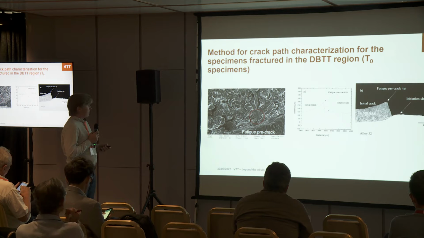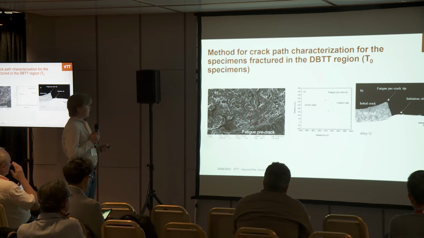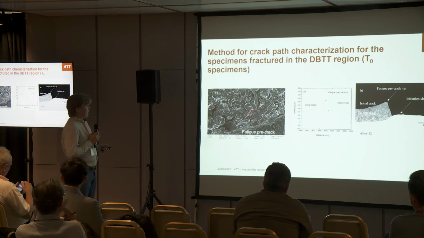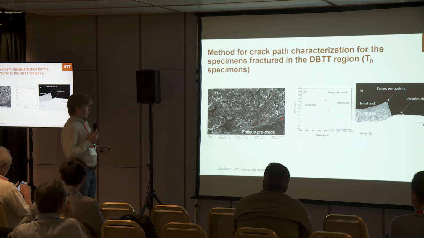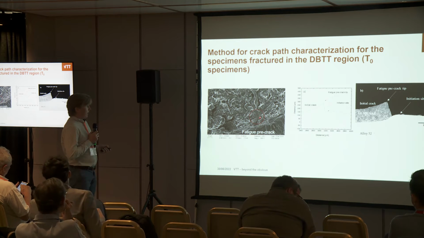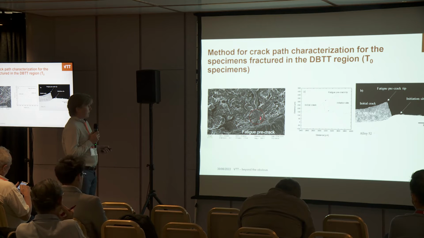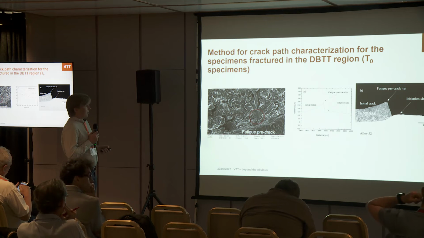So after we did the T0 testing, or this fracture toughness testing, we located the initiation location on the fracture surface. And then we measured the distance from the initiation location to the crack tip. And then we also measured the crack profile.